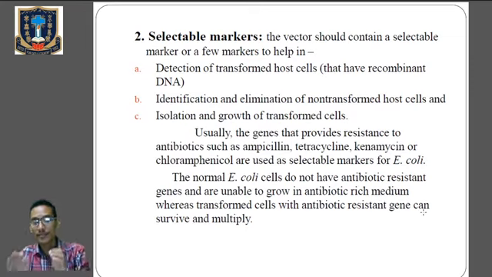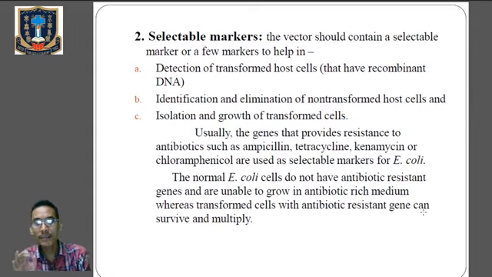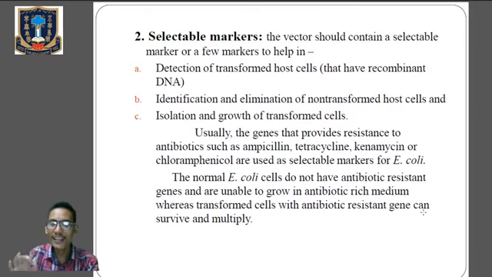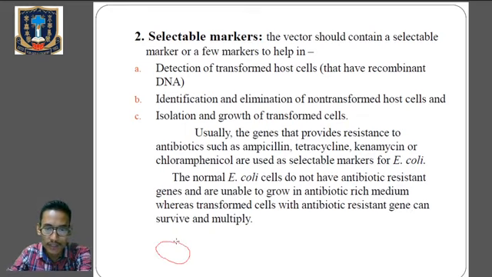So what does this mean? Listen very, very carefully. We are saying that antibiotic resistant sites can act as the selectable markers. So E. coli cells, bacteria, do not have any antibiotic resistant genes. So if we put the bacteria into a culture plate, let's say we are taking two culture plates. This is the first culture plate and this is the second culture plate.